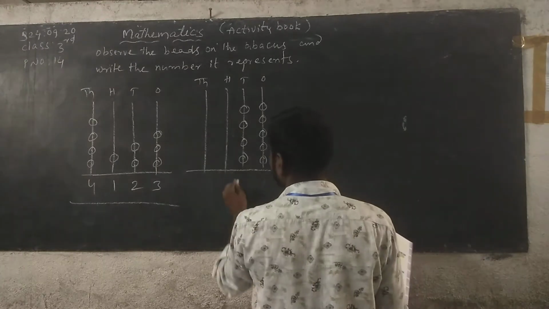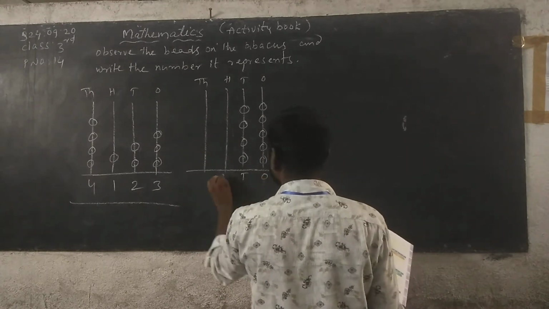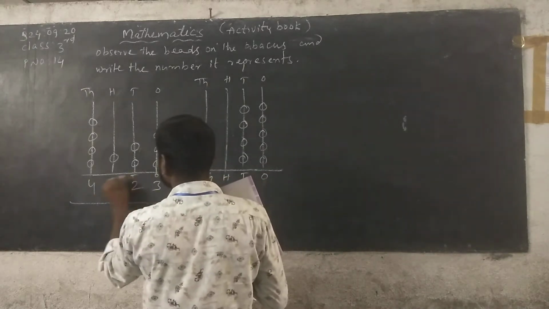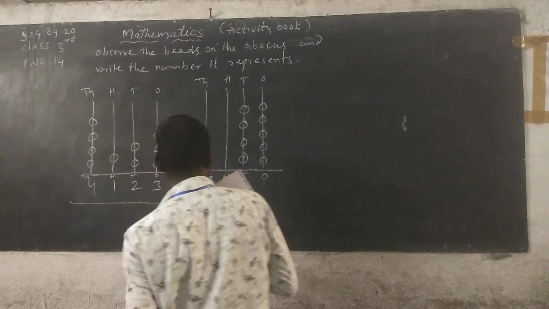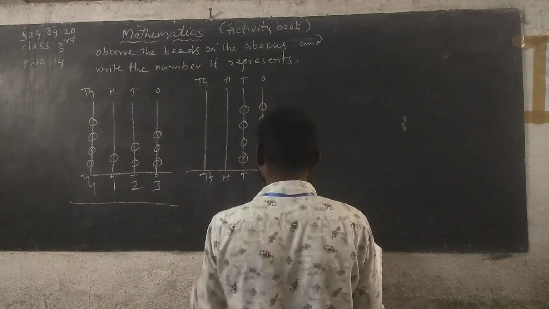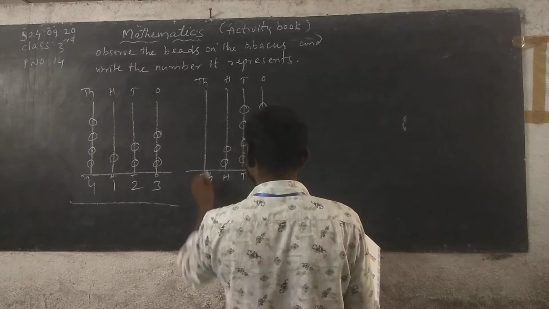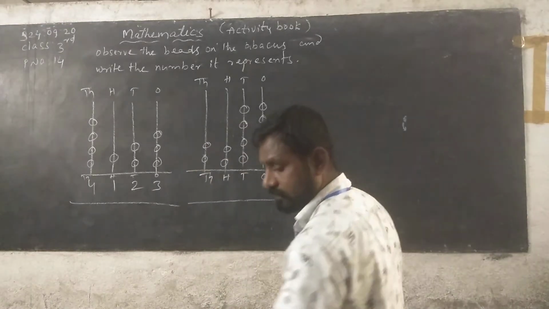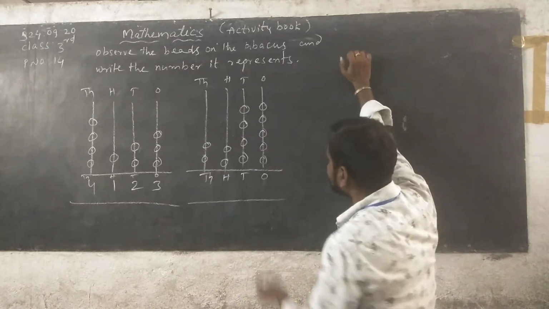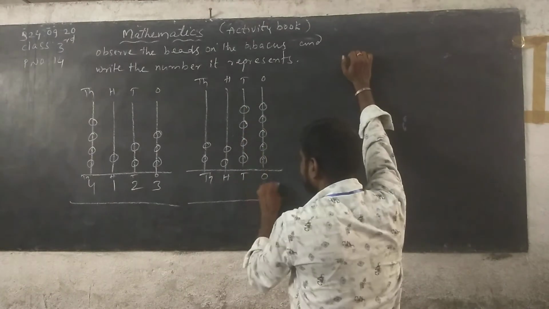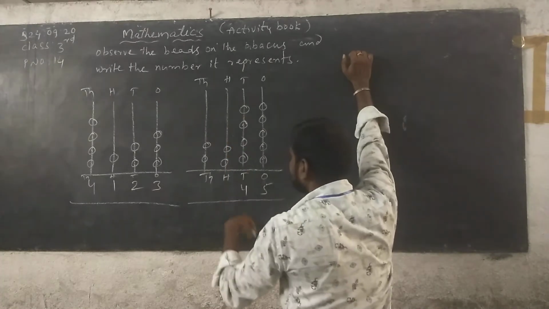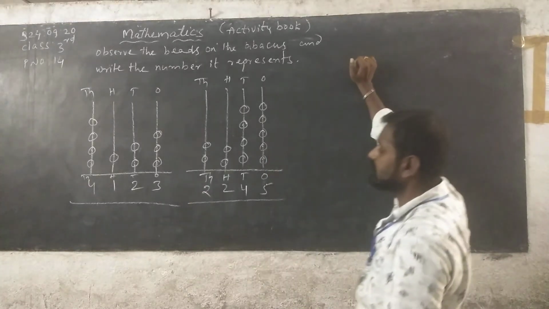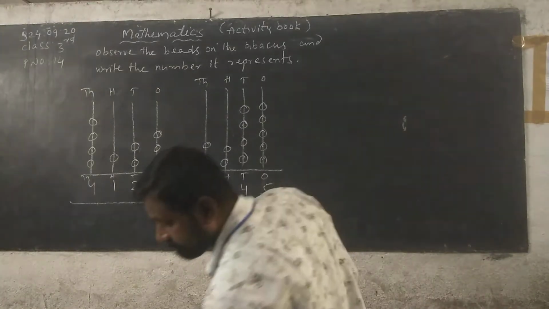See here, in ones place how many beads are there? 1, 2, 3, 4, 5. Tens place 1, 2, 3, 4. Hundreds place 2. Thousands place 2. So the number is 2245.